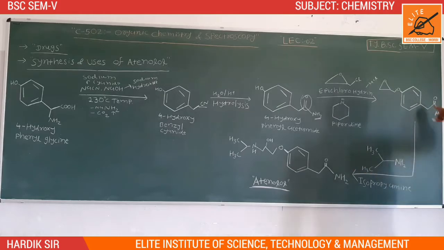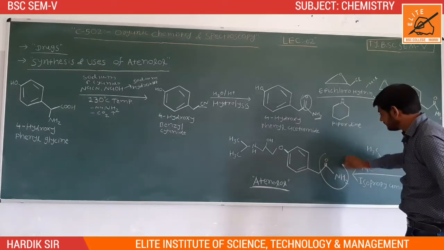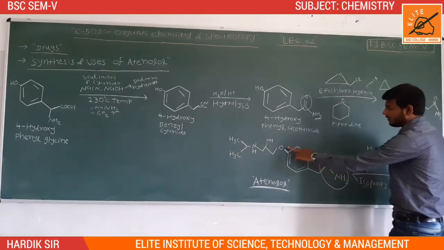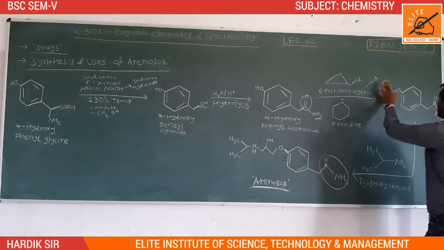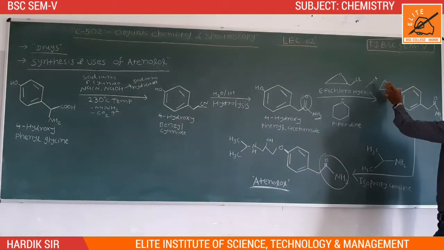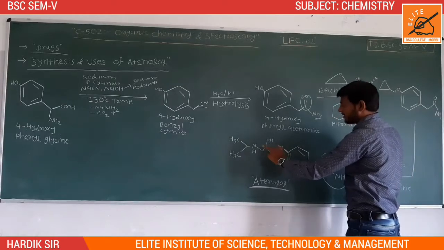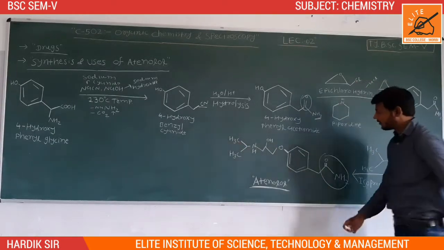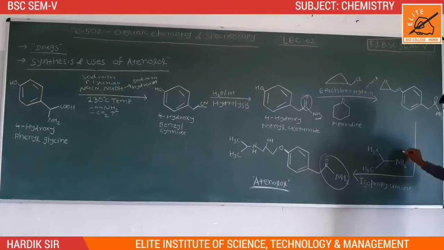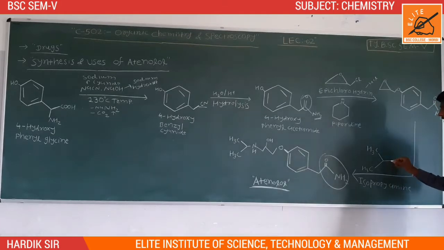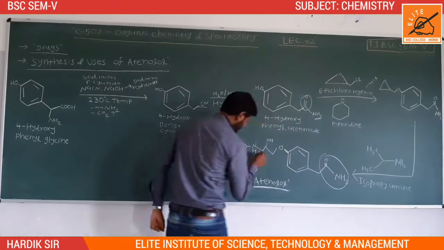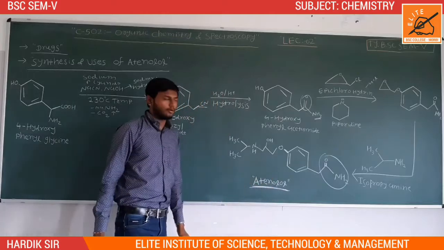CONH2 is the amide, and from the epichlorohydrin part we have the hydroxyl, the amide and 2 methyl groups. This is the isopropylamine, which is combined with this to form etinolol.